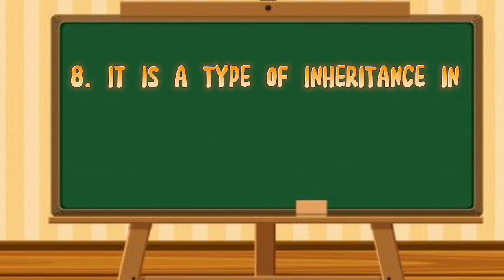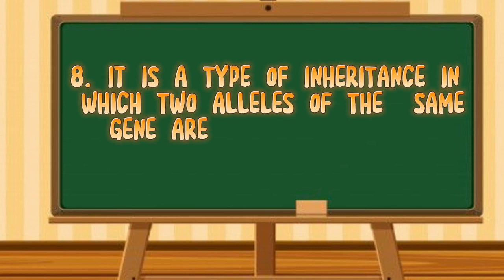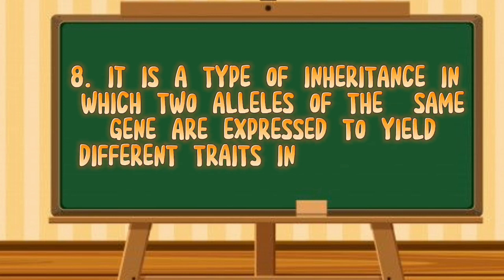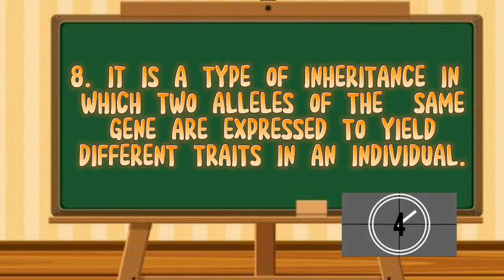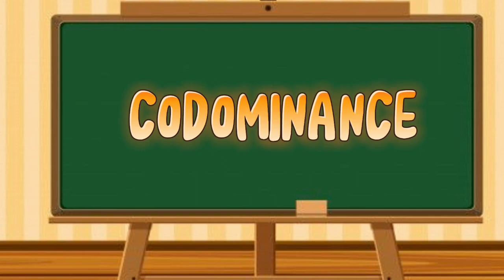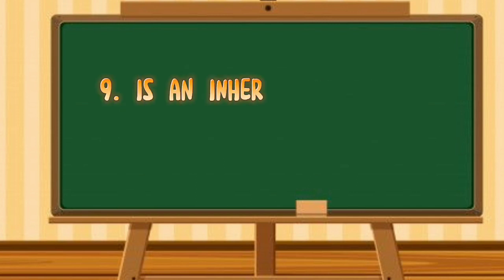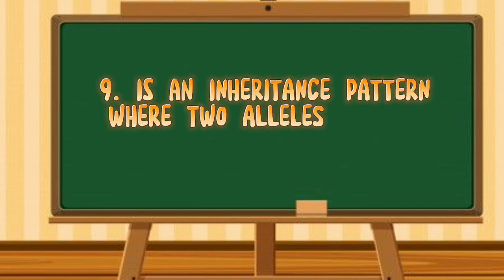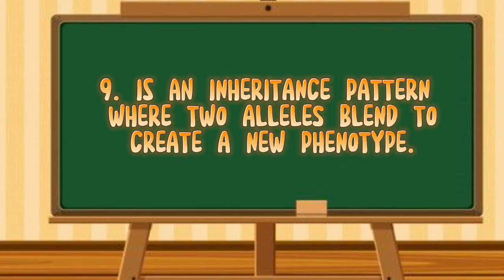It is a type of inheritance in which two alleles of the same gene are expressed to yield different traits in an individual. It is codominance.